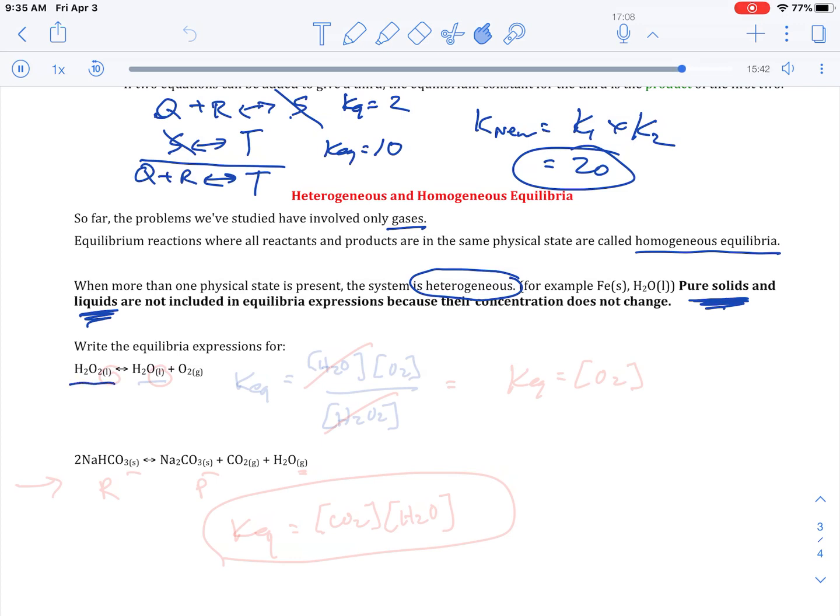Hydrogen peroxide, H2O2, in liquid form, breaks down to form liquid water and oxygen gas. Now I've got two condensed states right here. Now normally you would write this as products over reactants, so your inclination would be to do this.